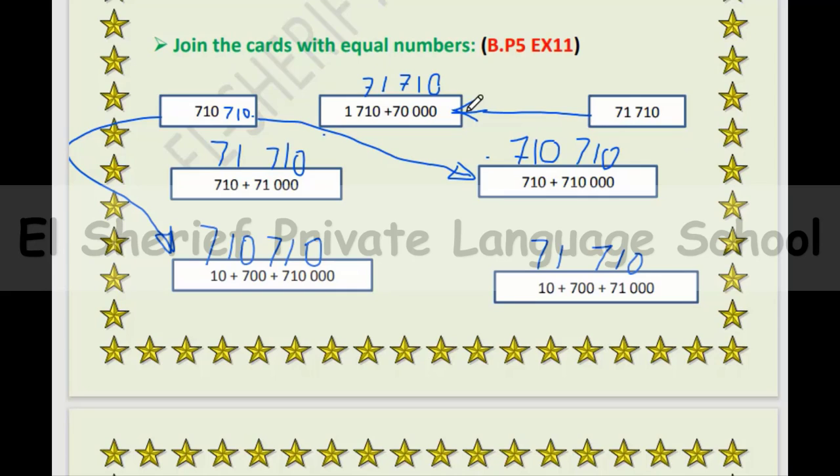And we have this rectangle. Okay, we can match from this rectangle to this. Okay, and this rectangle equals 71,710.